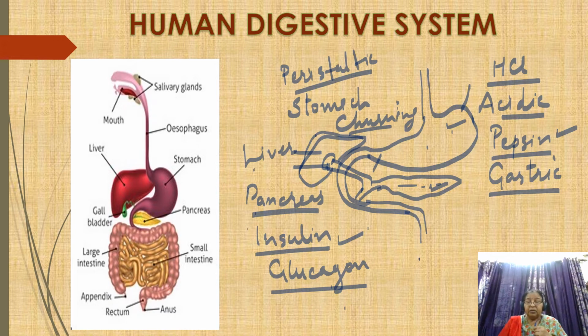Here you can see it's called gallbladder. In the gallbladder there is a juice called bile juice. This bile duct and pancreatic duct together have joined, and this is called hepatopancreatic duct. Hepatic word is associated with liver.